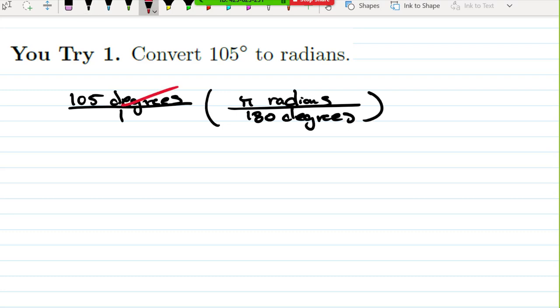Then the degrees reduce out, and that would leave us with 105 pi over 180. And that reduces to 7 pi over 12 radians.